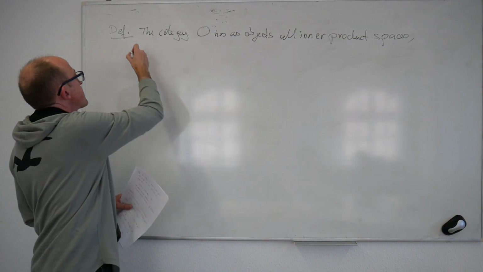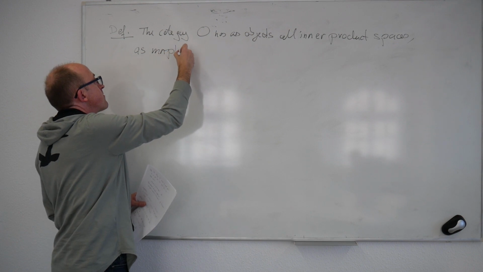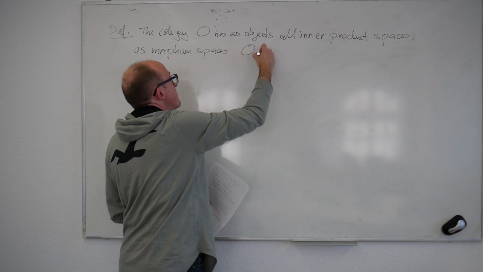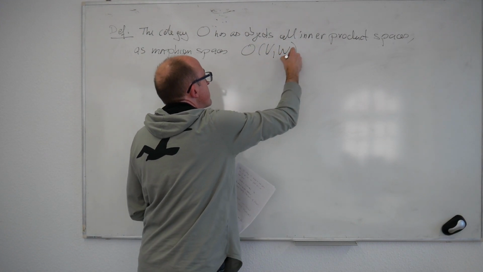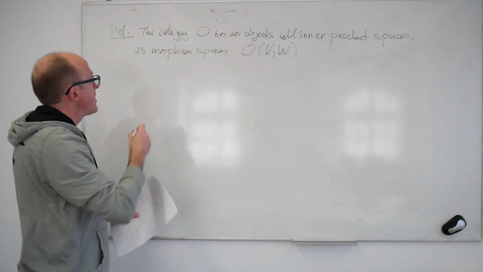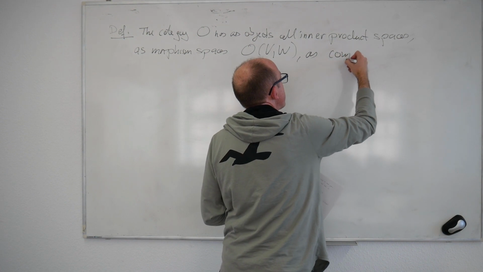As morphism spaces, these Thom spaces: the Thom space of the total space of the orthogonal complement bundle. And then composition can be given by an explicit formula.